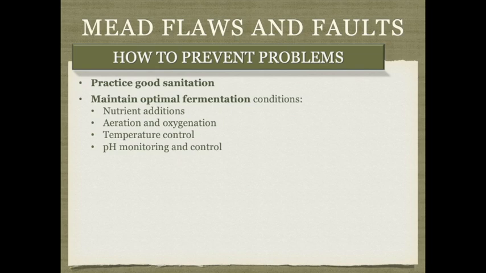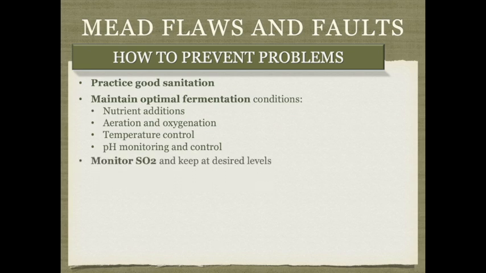Maintain optimal fermentation. Keep your yeast healthy through nutrient additions, aeration and oxygenation during early fermentation, temperature control, pH monitoring and control. If you carry out a good, healthy yeast fermentation, a lot of these flaws won't be a problem. You'll have a nice clean mead post-fermentation, and now you can do other things to make it even better.